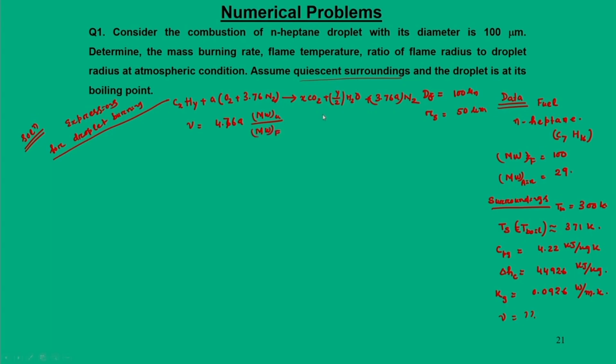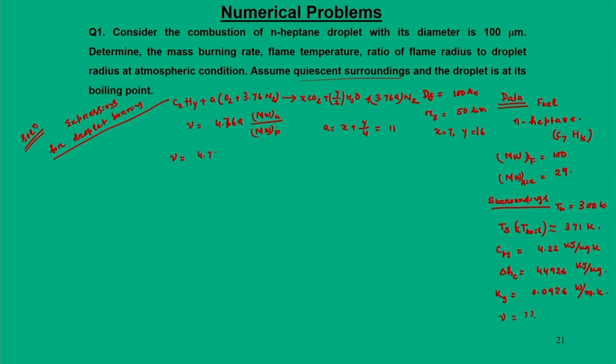Now, what is A? A is equal to x plus y by 4, and in our case x is 7, y is 16, so A becomes 11.